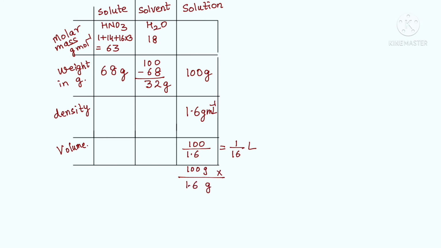Per milliliter means milliliter goes into the numerator. The unit that you are getting over here is milliliter. In order to convert this milliliter into liters, I divide it by 1000. So here I cancel zeros and I will get it as 1 by 16 liters.